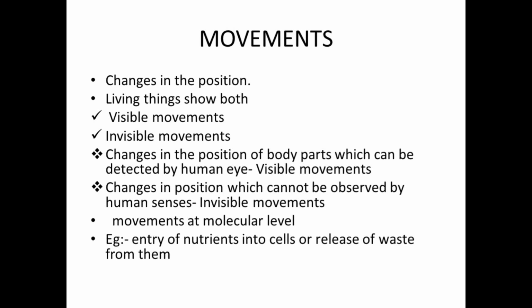Molecules are present inside the body of an organism, and the movements that take place at the molecular level are called invisible movements. For example, the entry of nutrients into the cell or the release of waste materials are examples of invisible movements which take place at the molecular level.